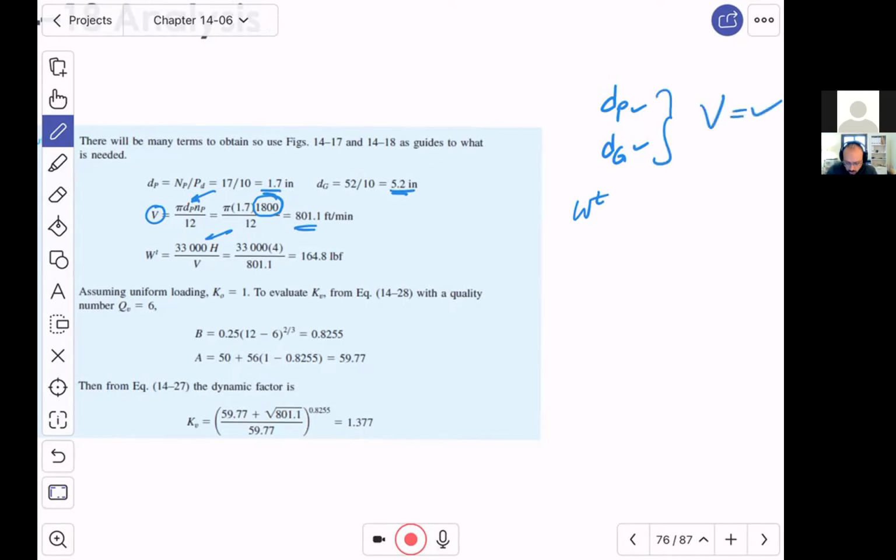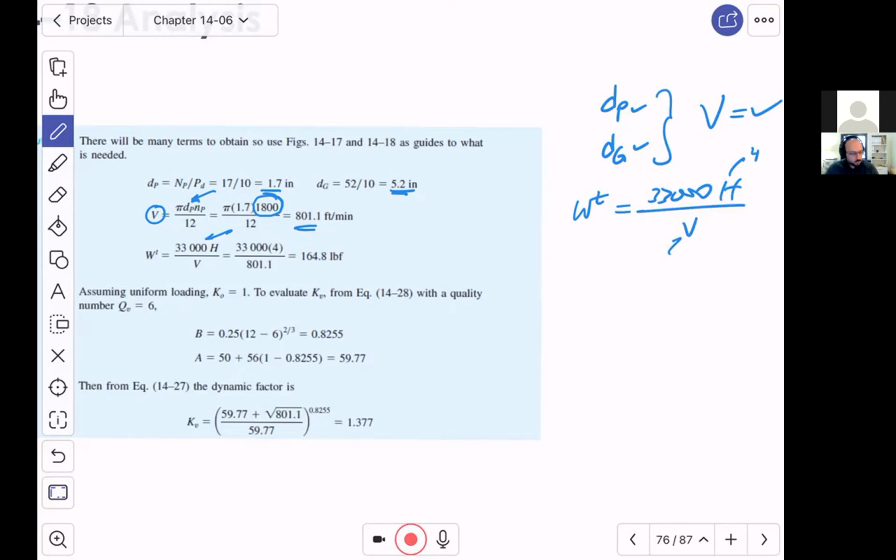So from these, I get the pitch line velocity. From the pitch line velocity, I can calculate the transmitted load, given 4 horsepower and the pitch line velocity, which is 801.1 feet per minute.